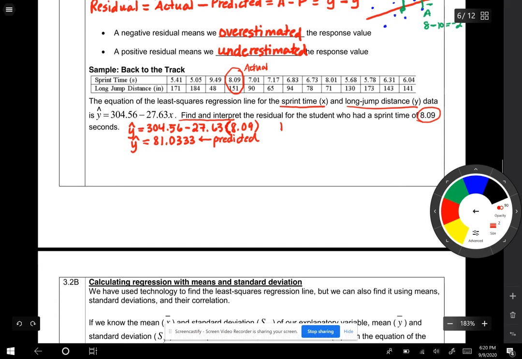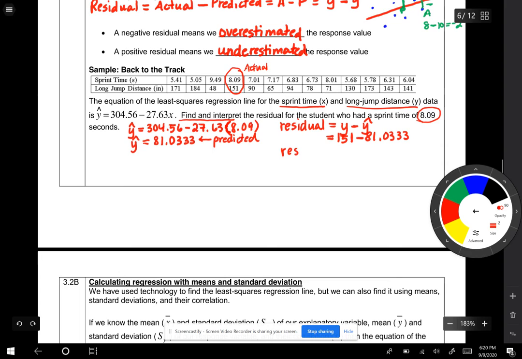So we can now calculate the residual. So the residual is the actual minus the predicted. So that would be 151 minus 81.0333.